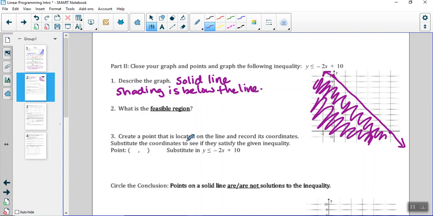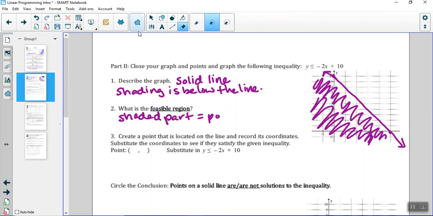Alright, and the feasible region should still be the possible solutions, and it's going to also be the shaded part. So the shaded part is the feasible region, and it just shows the points that are solutions.